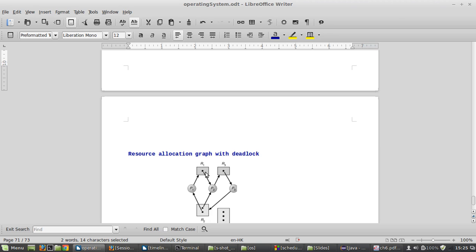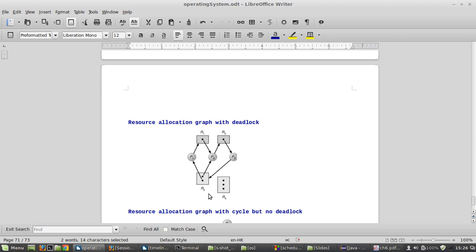Here the deadlock occurred because you can check out this particular resource is holding only one instance, and process 2 is waiting for this resource that is acquired by this R1 block.